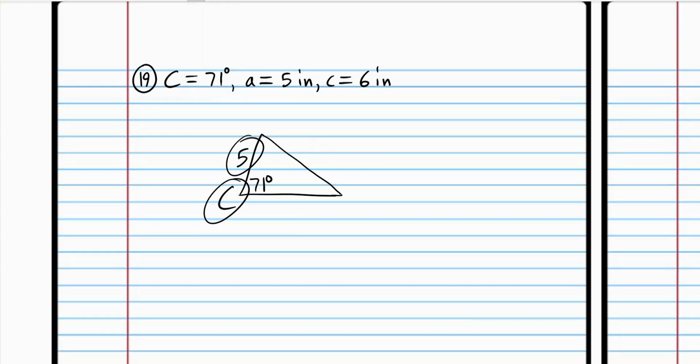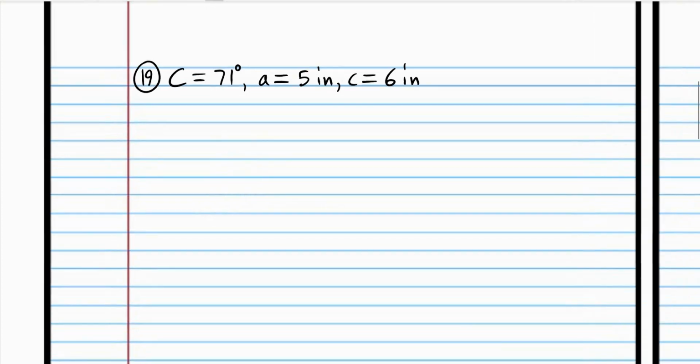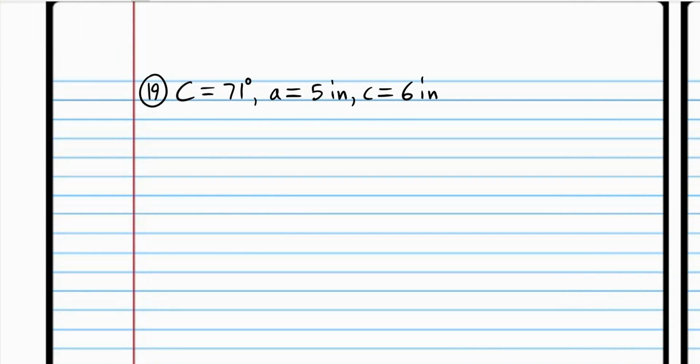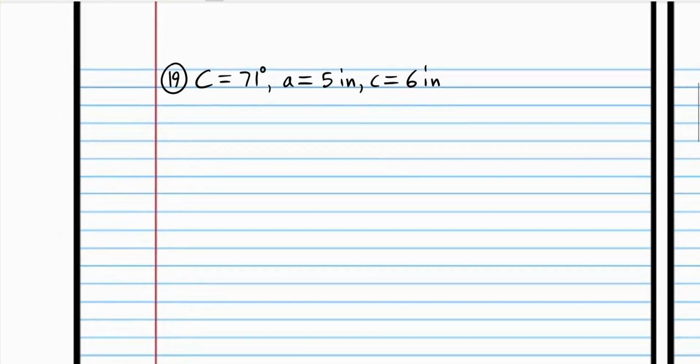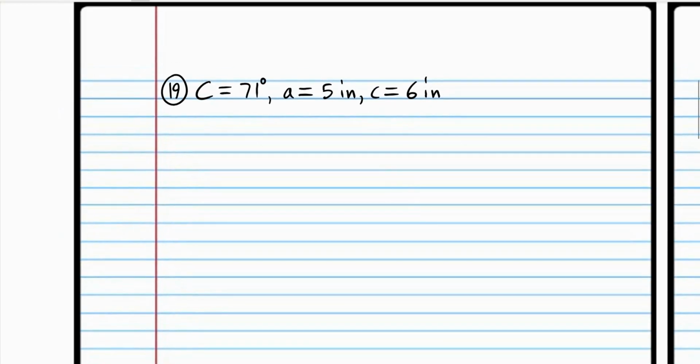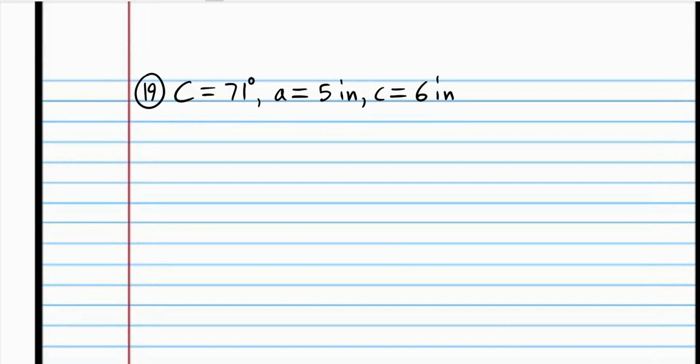This is an SSA situation, so we need to use the law of sines. But the problem is there's some ambiguity involved with the SSA scenario. And if we use the law of sines, we might get angles that suggest there's no triangle, one triangle, or two triangles.